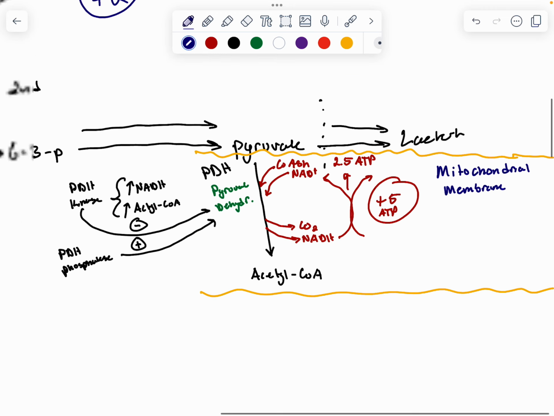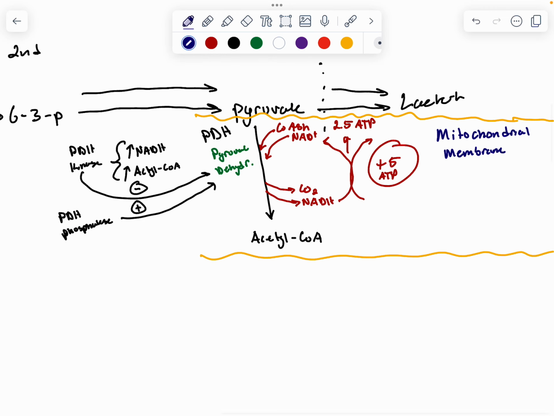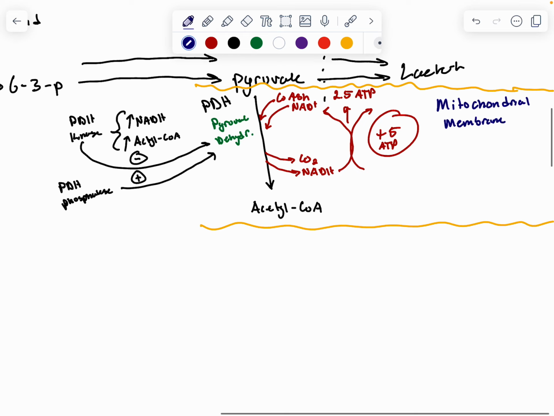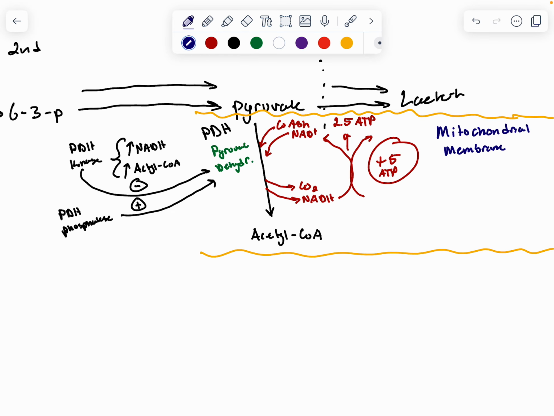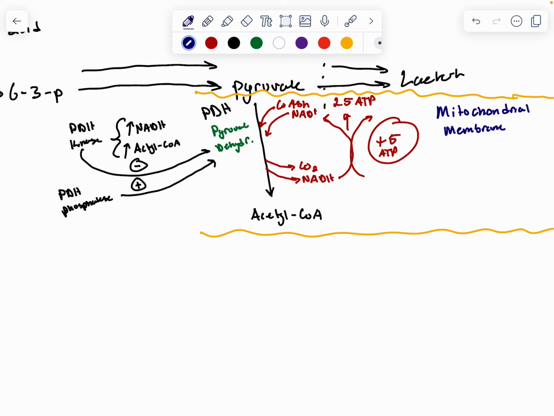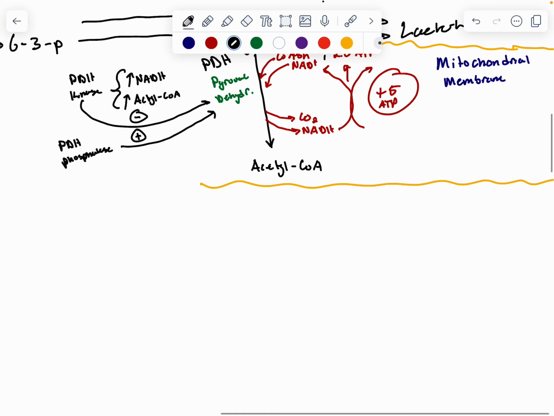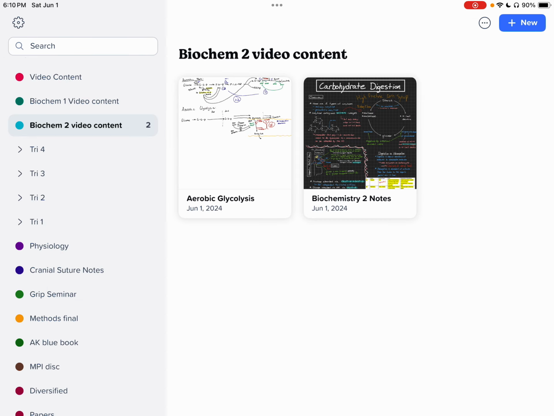Because most of our redox reactions and anytime we're in an aerobic process, for the most part, is going to be operating in either the mitochondrial membrane or the actual mitochondrial matrix. But this PDH system is basically a connection from glycolysis through the mitochondrial membrane, and eventually we will enter the mitochondrial matrix, as you'll see. And I'll just make this little arrow right here because we're about to learn where that acetyl CoA goes, and we'll finish our drawing after that.